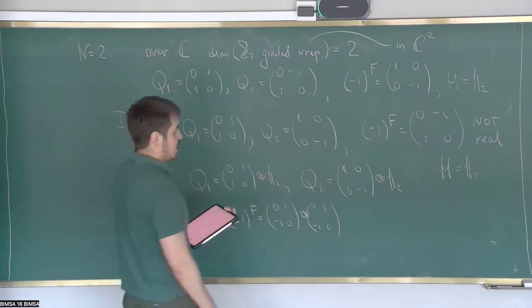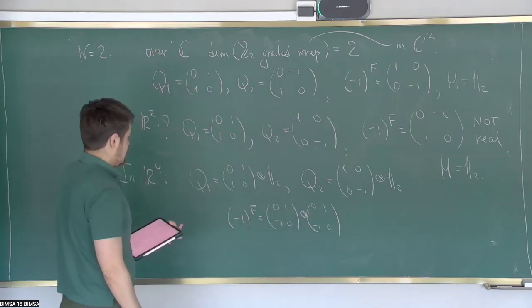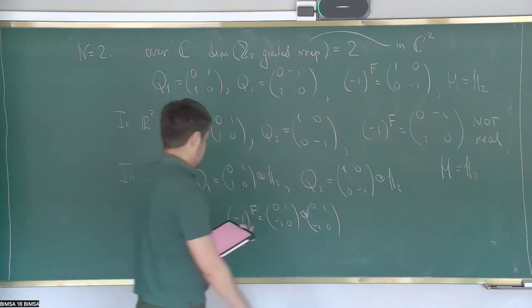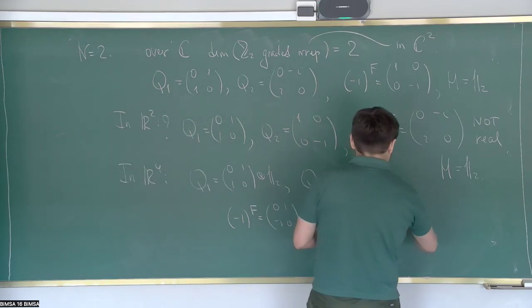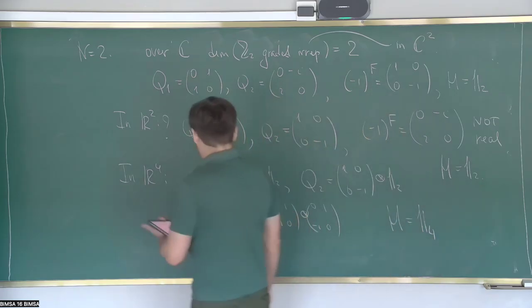So we just promote the i to this matrix. Now they all work nicely. They anti-commute and square to the unit matrix. So it is 4-dimensional.